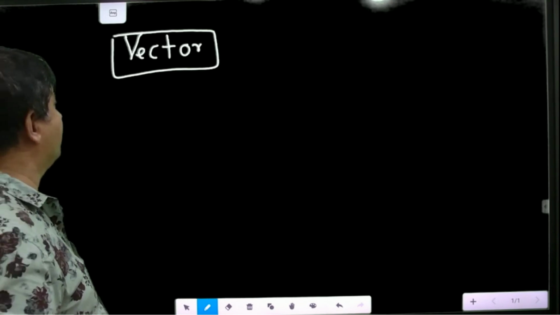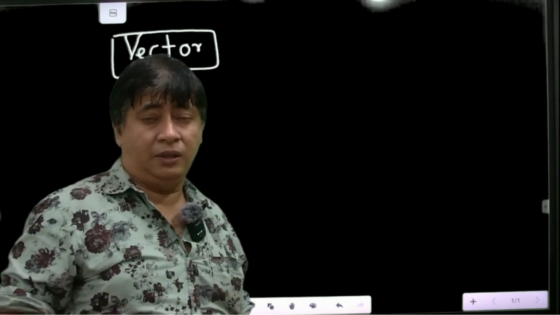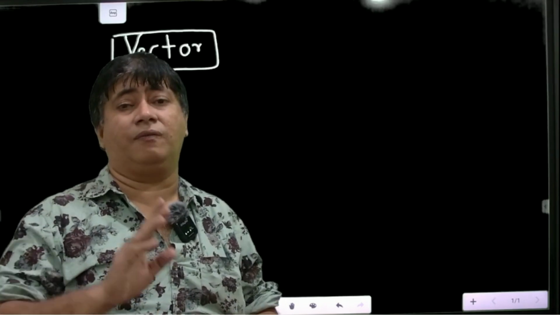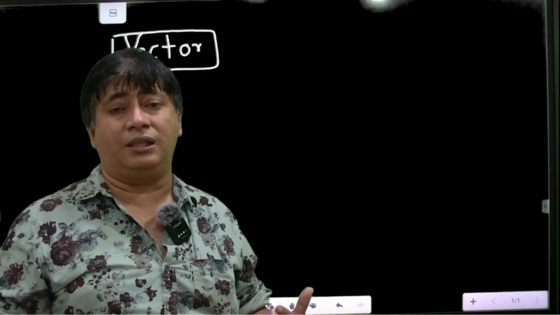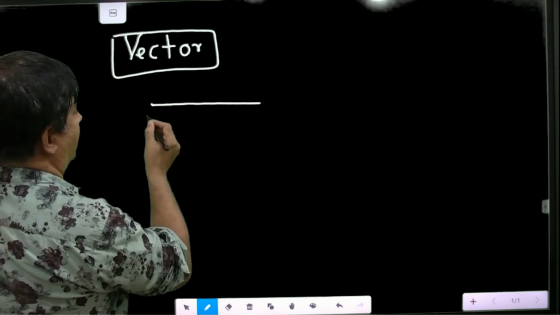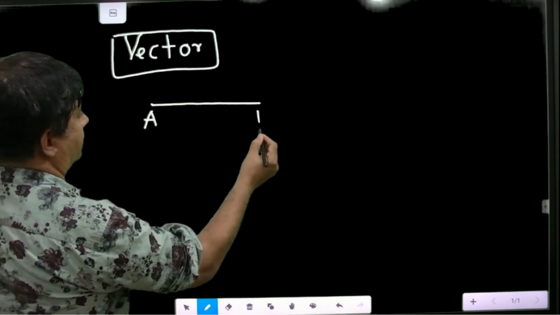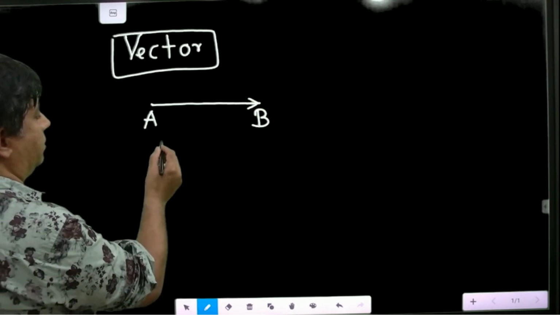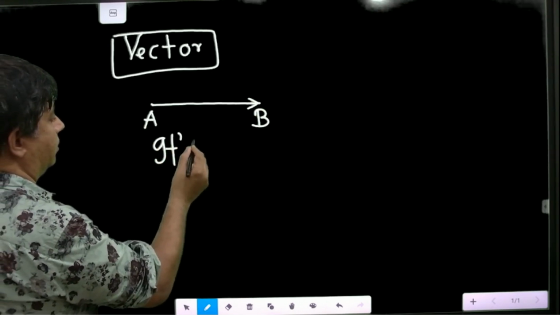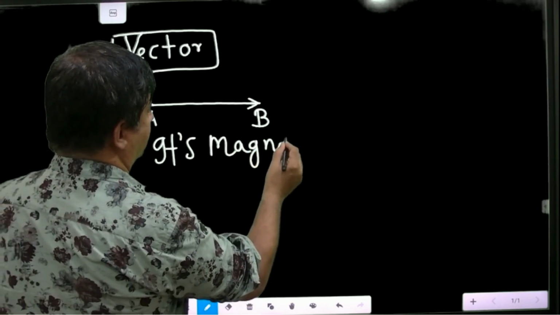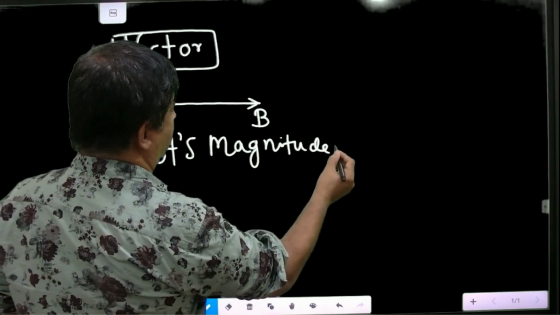Let's see, what is a vector? From junior class you are taught the definition of vector. Vector is a quantity which has magnitude and direction. Suppose you are moving from A to B. So what is its magnitude? Its magnitude is AB.